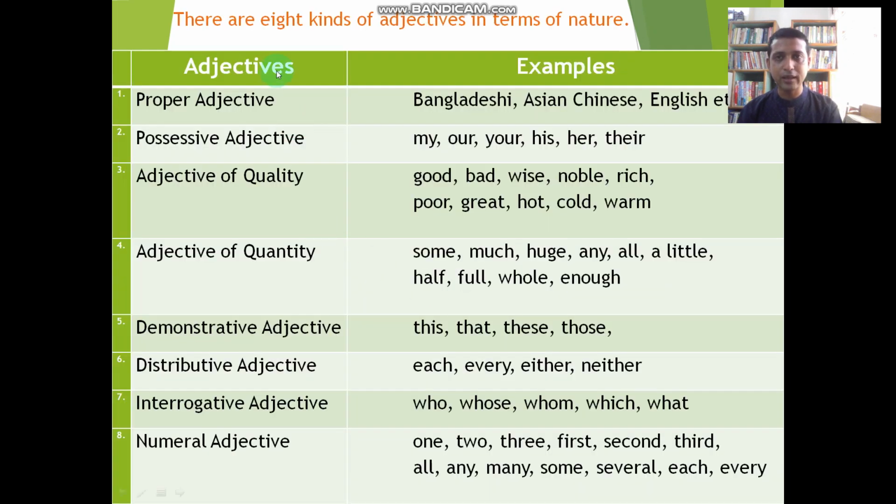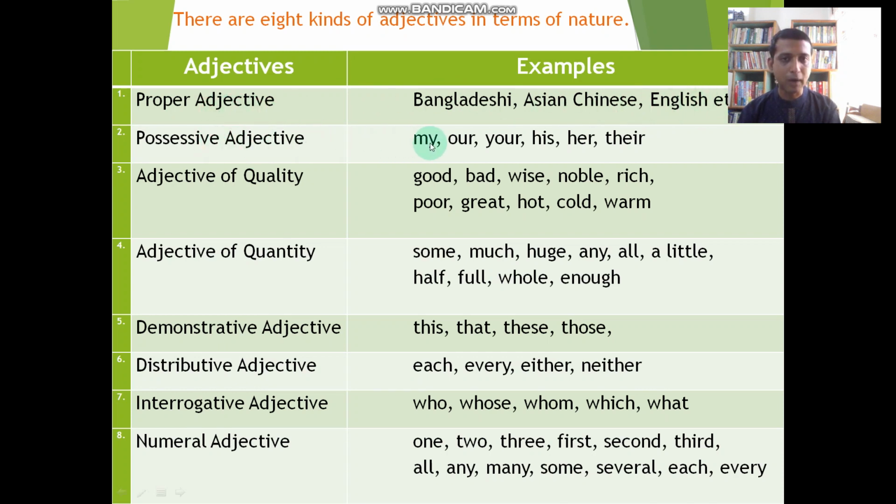Students, please, there are 8 kinds of adjective in terms of nature. There is a diagram, and different kinds of adjectives are there and examples are there. First one, proper adjective: Bangladeshi, Asian, Chinese, English, etc. are the examples of the proper adjective.